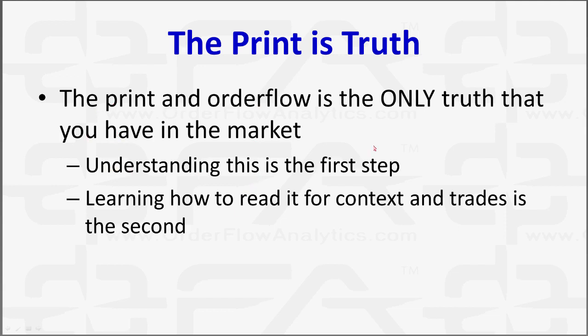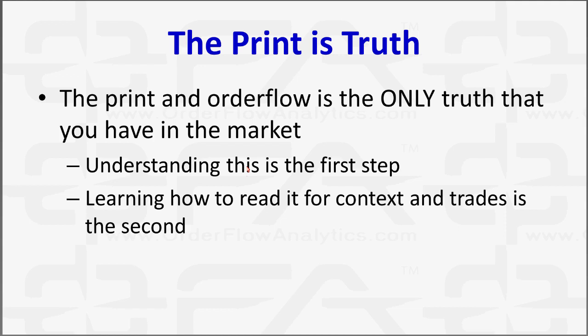So doing this is the first step in reading order flow, and then spending time with it and learning to read it. Reading the order flow for context and trades is the second step. Once you can do the first, you start to understand the probability that price will move higher when the print looks like this, and the probability that price will go lower when the print looks like that.